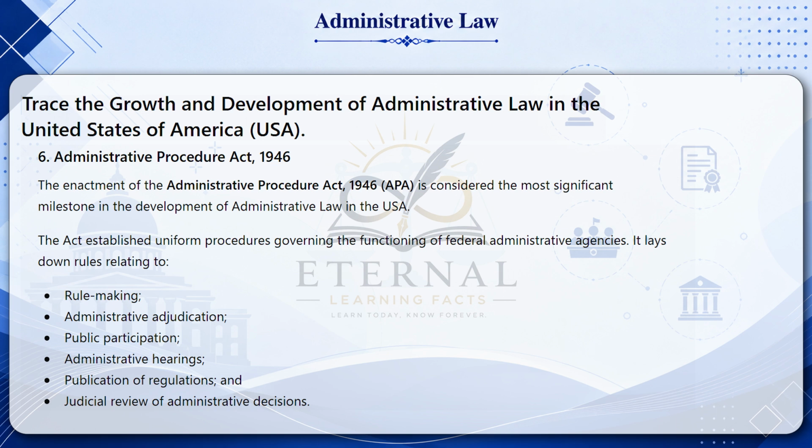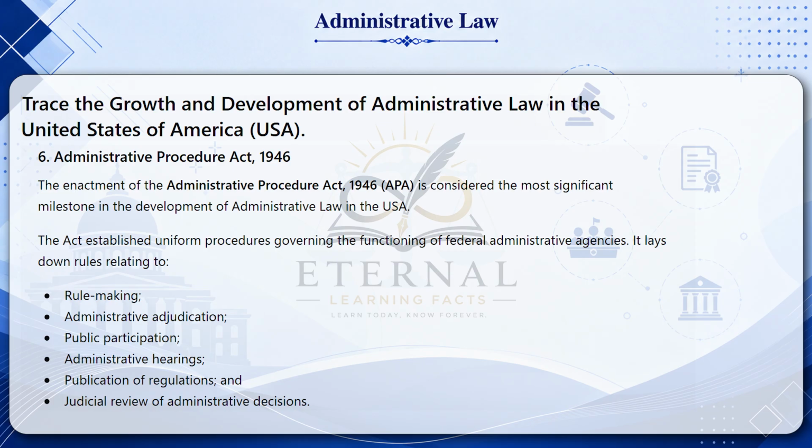Administrative Procedure Act 1946. The enactment of the Administrative Procedure Act 1946 (APA) is considered the most significant milestone in the development of administrative law in the USA. The Act established uniform procedures governing the functioning of federal administrative agencies.